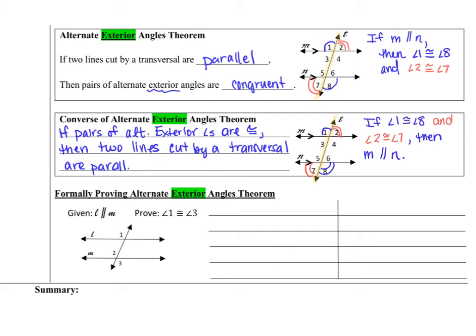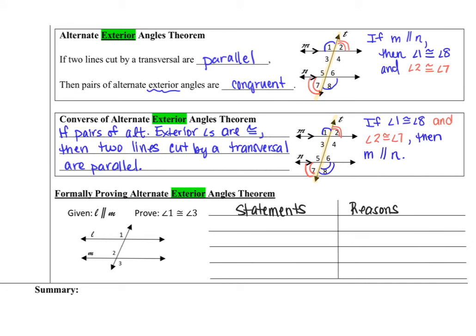Again, just to reiterate, the alternate exterior angles theorem says that if given parallel lines first, you can prove that the angles are congruent. The converse is given pairs of angles are congruent, which will prove the lines are parallel. Now we're going to formally prove the alternate exterior angles theorem, but without using this theorem in our proof.